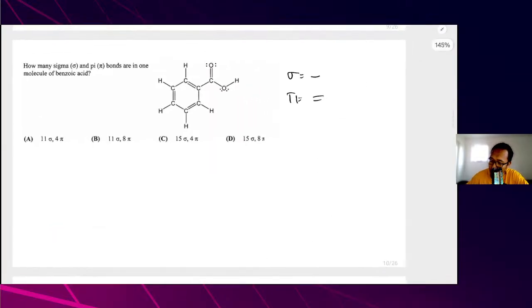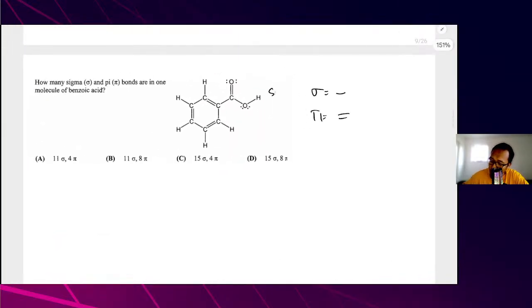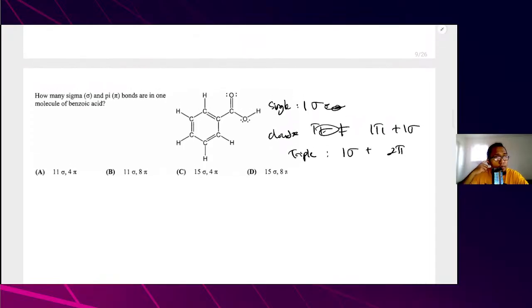A double bond is 1 sigma plus 1 pi, and a triple bond is 1 sigma and 2 pi. Every bond between atoms counts, even in rings.